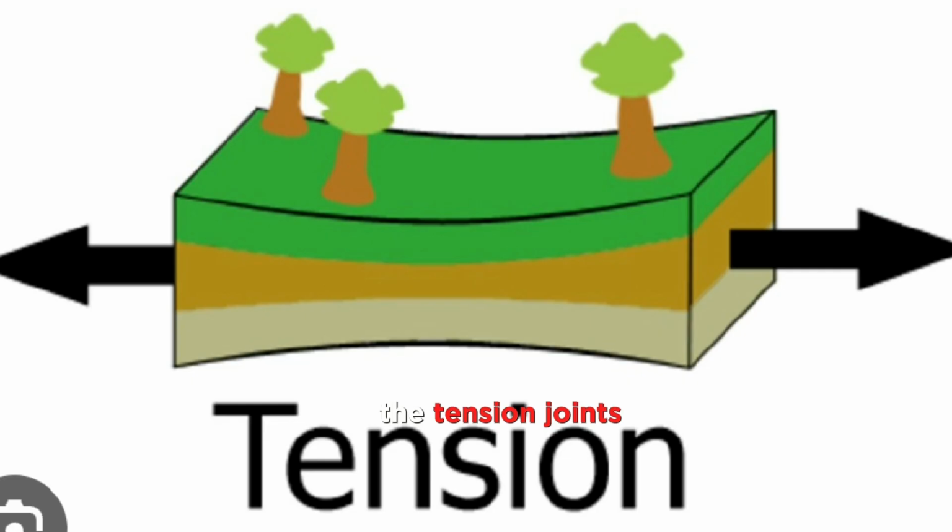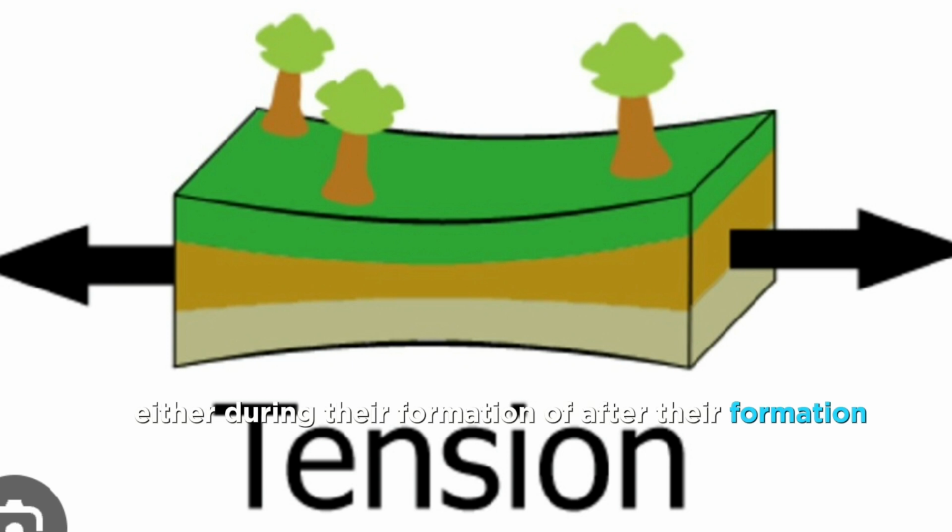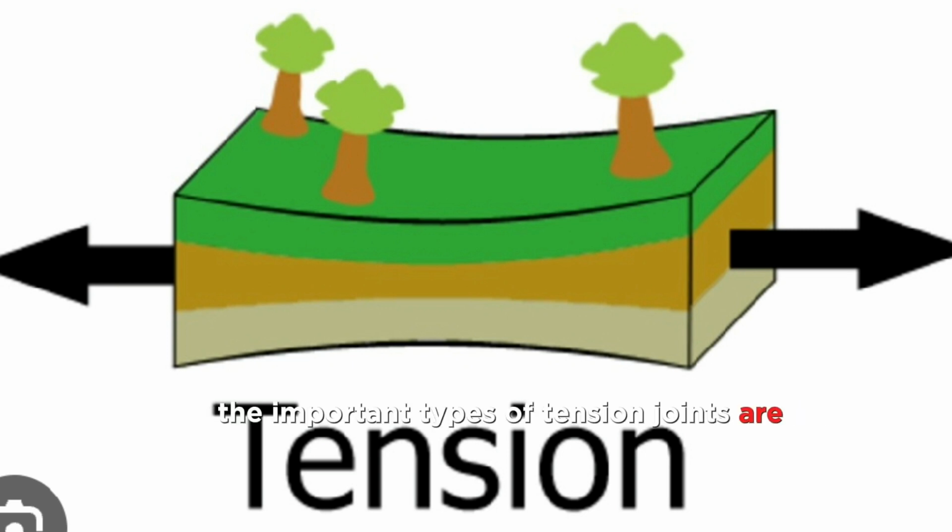The genetic classification of joints. Tension joints are those which are formed due to tensile forces or stresses produced in the rocks, either during their formation or after their formation. The important types of tension joints are columnar joints, mud cracks, sheeting joints, and lastly, mural joints.